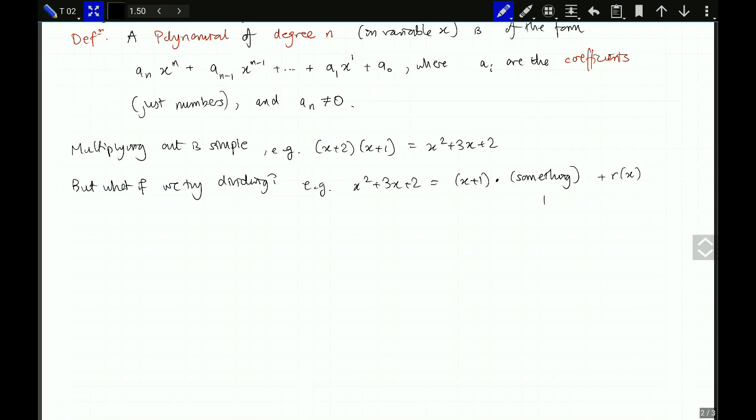And this something is itself a polynomial. Of course, in this example I've just picked, we actually know that the remainder is 0 and this something is just x plus 2. But in general, that may not be the case. So this is known as the divisor, what I'm dividing by, and this is the remainder.